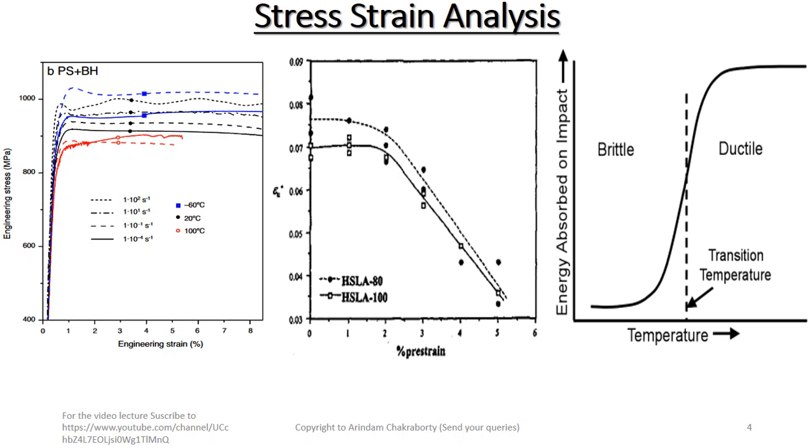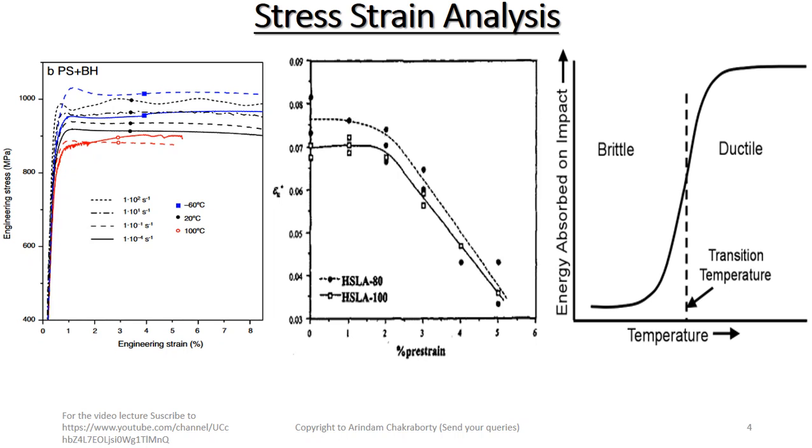When we apply temperature in a higher or lower range, in some cases a ductile material at a very low temperature becomes brittle, and in some cases a brittle material at higher temperature becomes ductile.